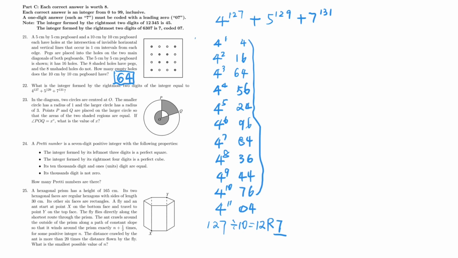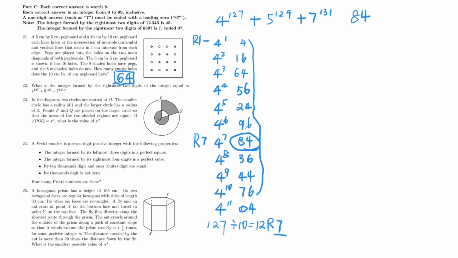Remainder 1 is 4 to power 1, remainder 7 is 4 to power 7. Last 2 digits, that's 84.